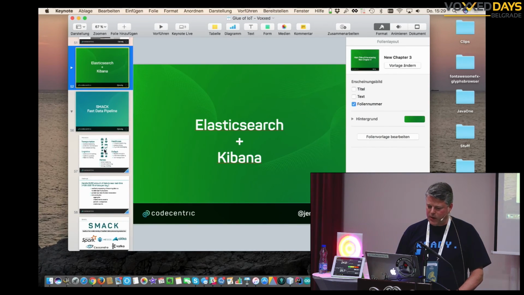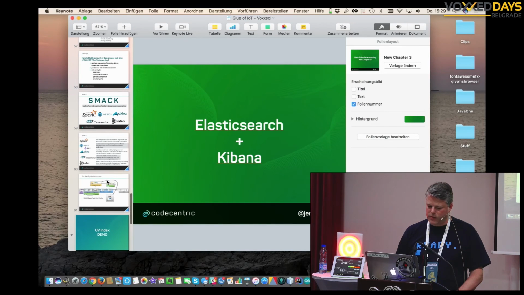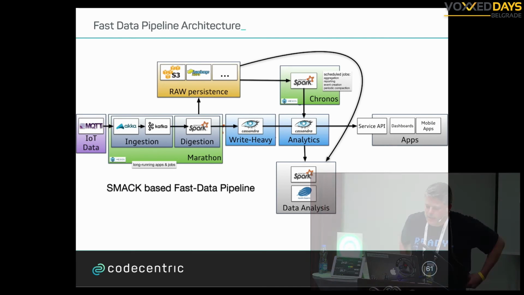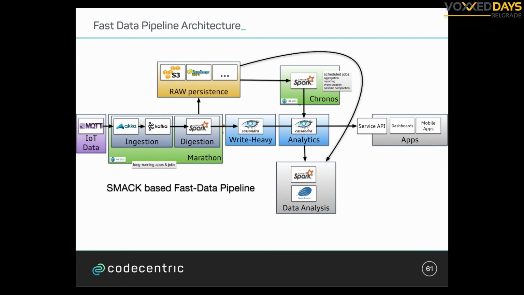Just as an outlook, what you can also do with all this MQTT stuff. This is a fast data pipeline architecture based on the SMACK stack. SMACK stands for Spark, Mesos, Akka, Cassandra, and Kafka.